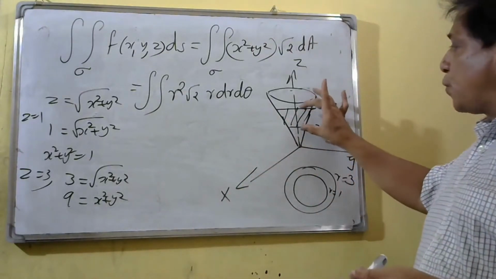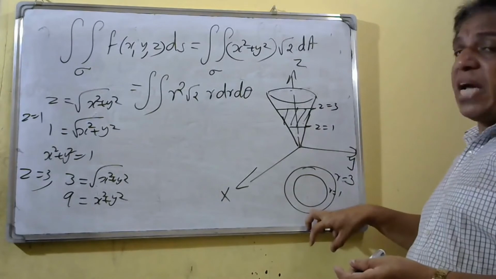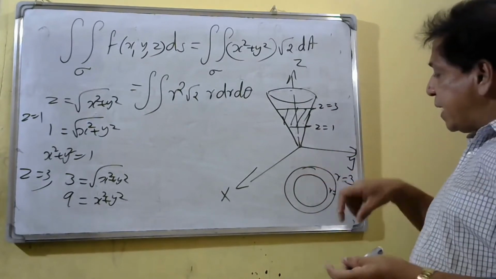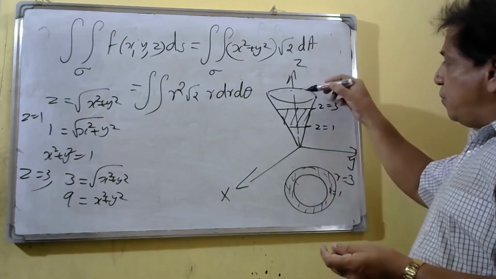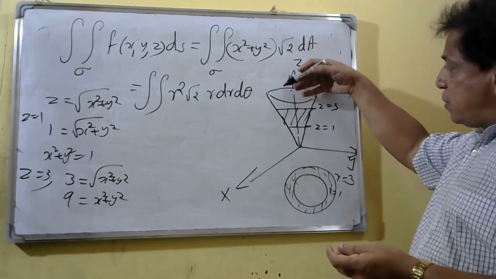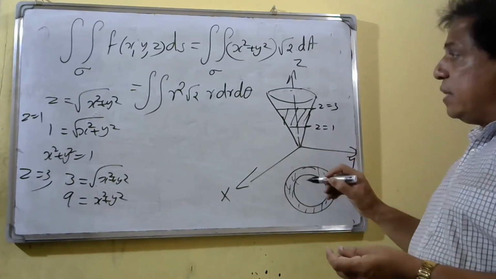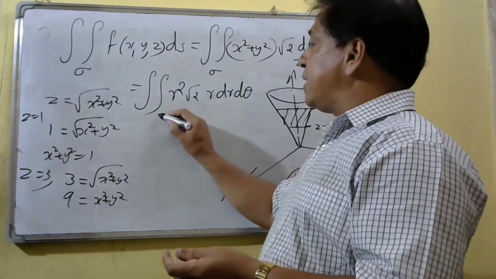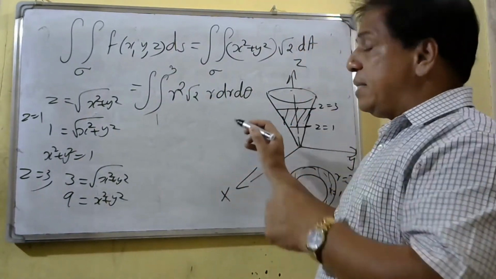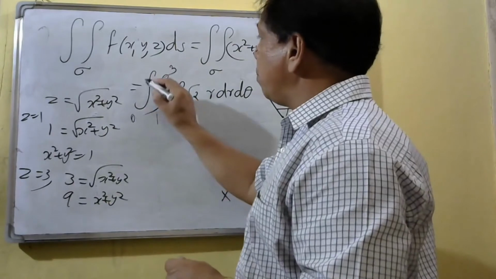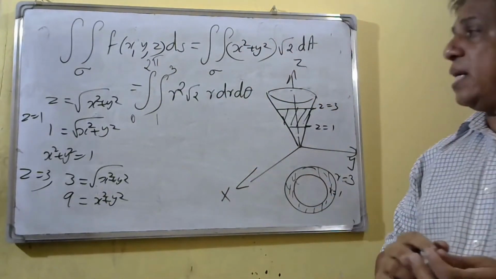This is a portion of the cone between z equal to 1 and z equal to 3, projected into the xy plane. Therefore, we get a shape of a ring. Therefore, the limits of the radius are 1 and 3, and theta, the full circle, 0 to 2 pi.